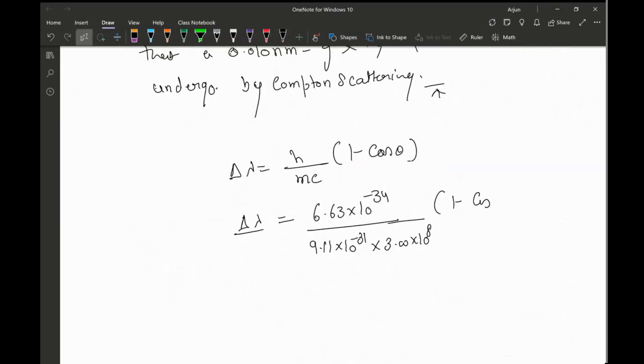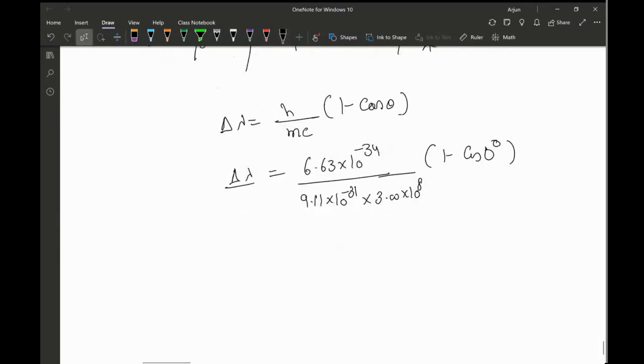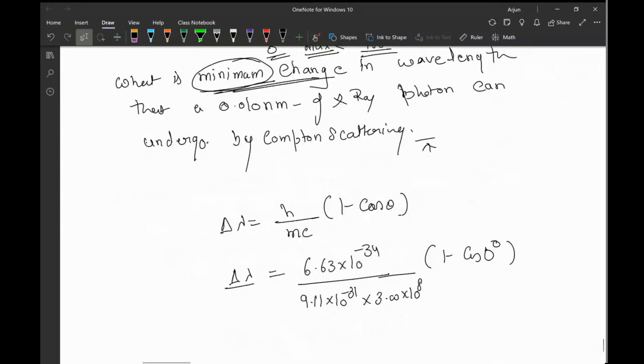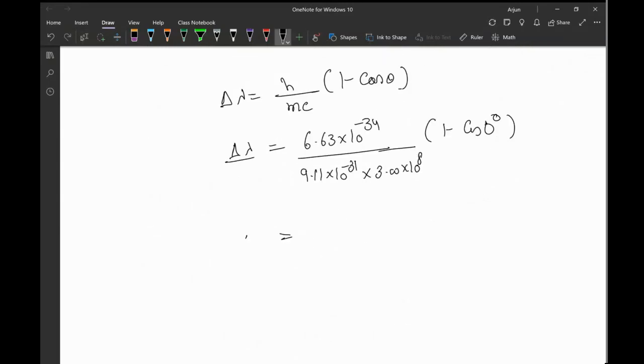So 1 minus cos of, in this case minimum change, so 0 degrees. The minimum change will be equal to delta lambda, whatever this value is, times 1 minus cos 0. Cos 0 is 1, 1 minus 1 is 0.